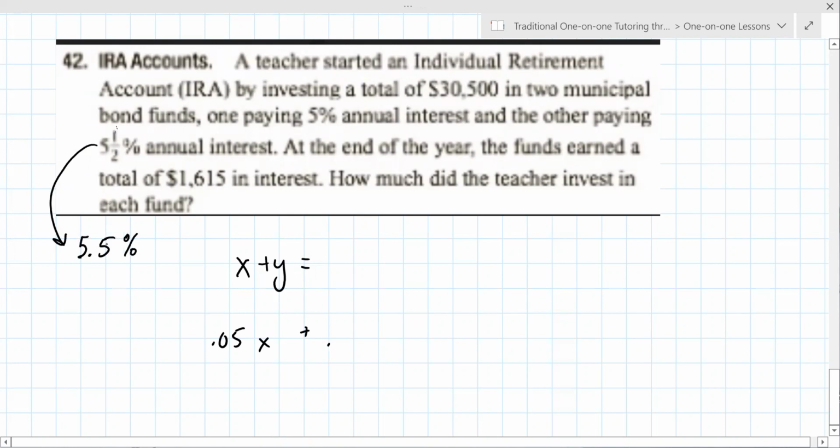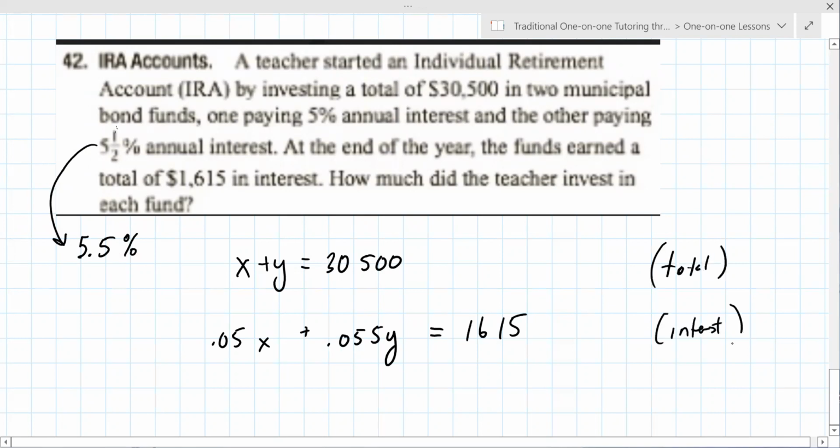The one half is the 0.5. Does that help? Okay, so then it'd be 0.055y equals 1,615. Okay, good. It's really important that you be able to do that. That's the total equation. That's the interest equation.